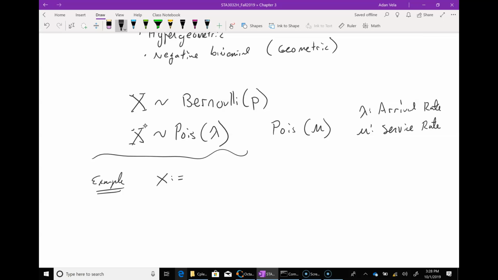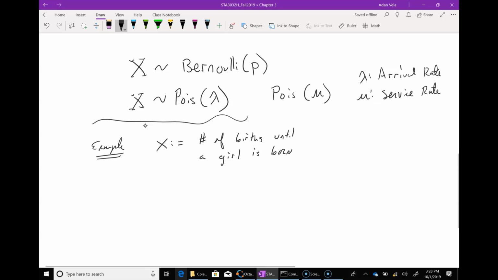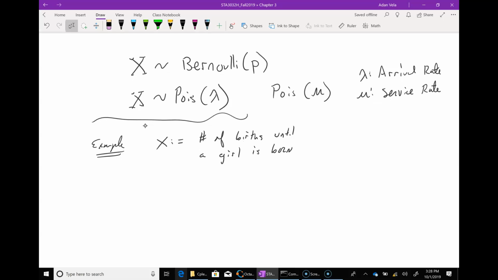So what I'm going to do is define a random variable x, which will be the number of births until a girl is born. Okay. Now this is a fun problem because I think it takes Bernoullis to another level, and it sets the stage for a bunch of other stuff.